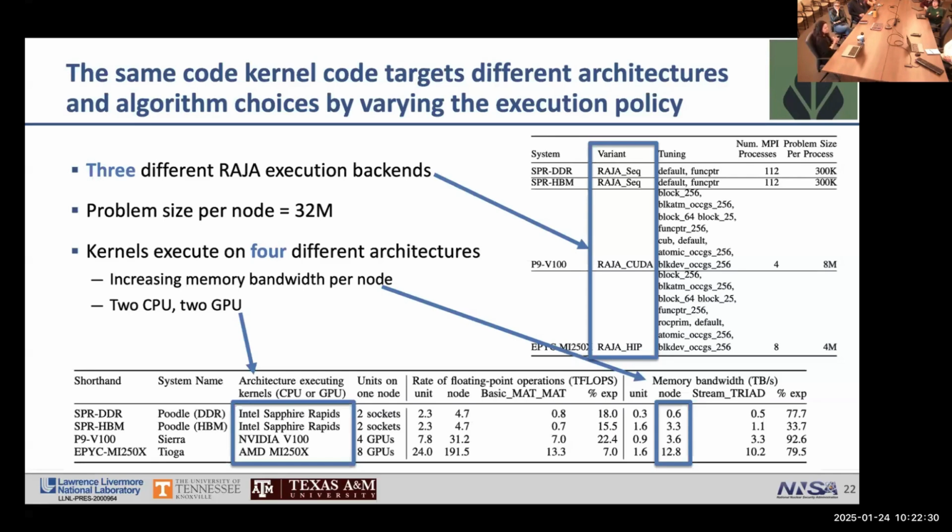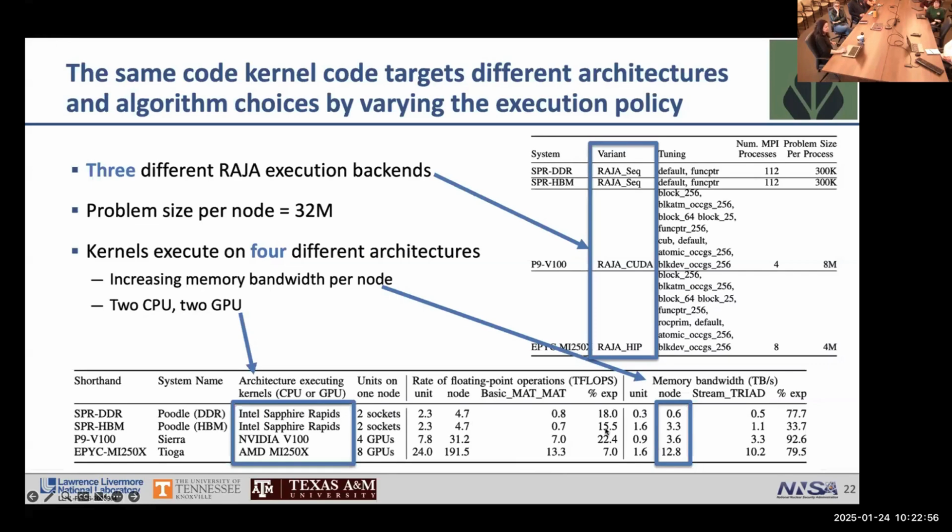And then, with this last bullet, we looked at 2 different CPU architectures. That's the Intel Sapphire Rapids with DDR memory, the one that you've been seeing the top-down metrics for. And then we also looked at those same CPUs, but with the high bandwidth memory. So the main difference there is much more memory bandwidth available per node.